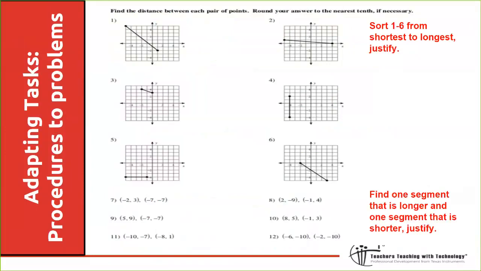It doesn't just ask for the longest and shortest. Students might look at those points and say, I can visualize where they are on the grid, and these are 2 points far apart, so that's my longer one. They've given mathematical reasoning.